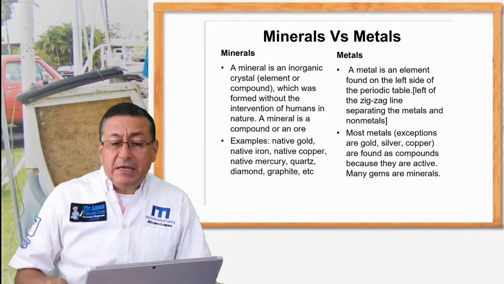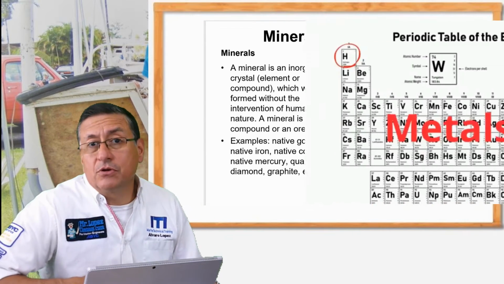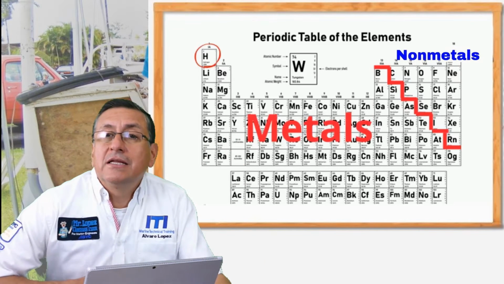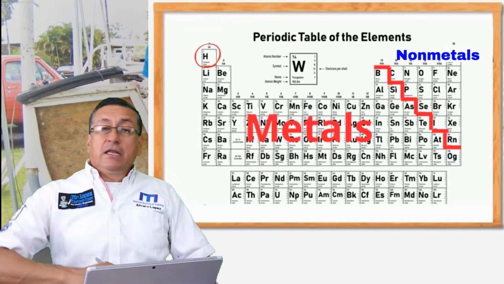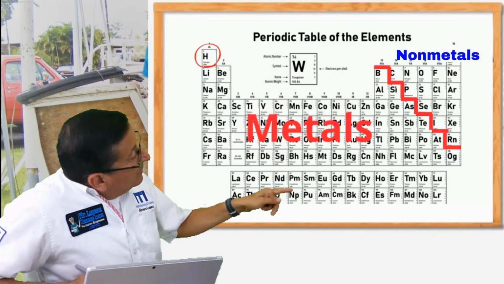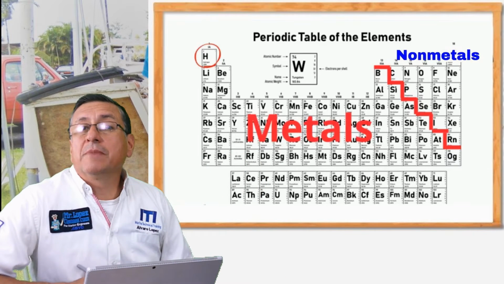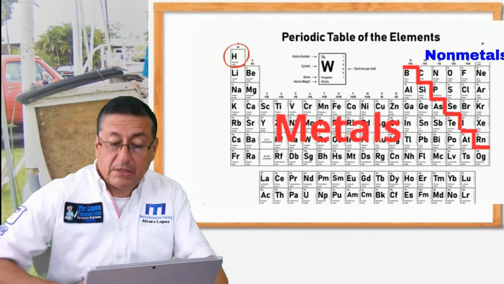And metals, a metal is an element found on the left side of the periodic table. You remember, in this area, on the left side, the metals are located. And you remember the division on the periodic table? To the left of the division are metals. To the right of the division are non-metals.